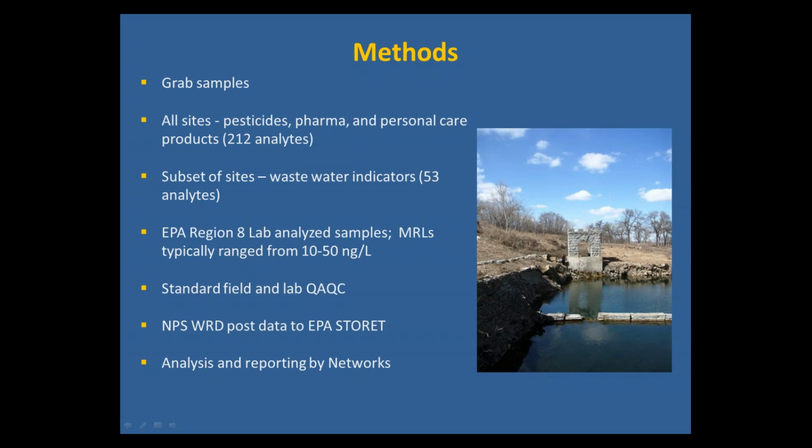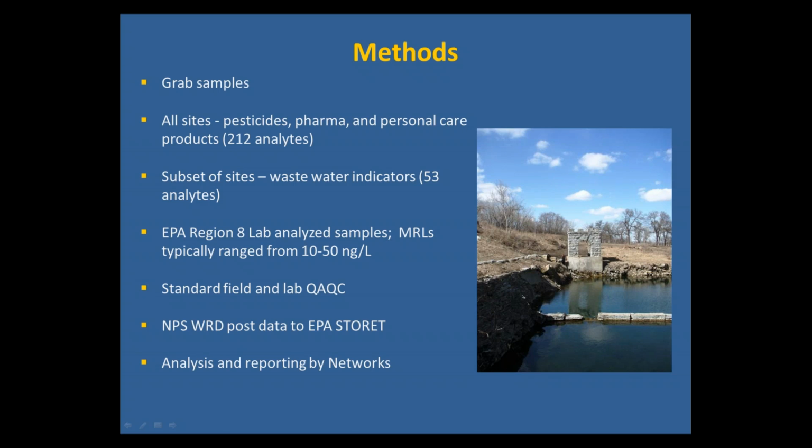The EPA Region 8 lab in Golden, Colorado analyzes the samples, and the reporting limits are typically between 10 and 50 nanograms per liter. And the project has standard field and lab QA/QC, so blanks and replicates and clean sampling techniques.